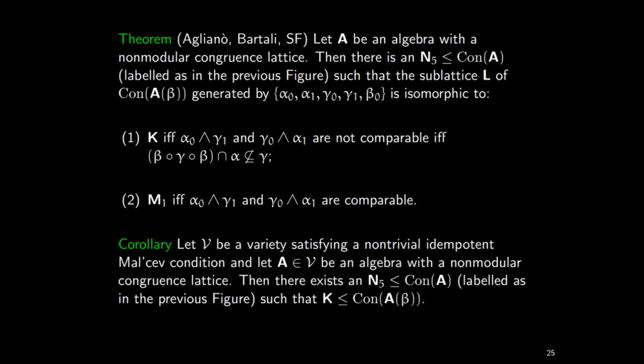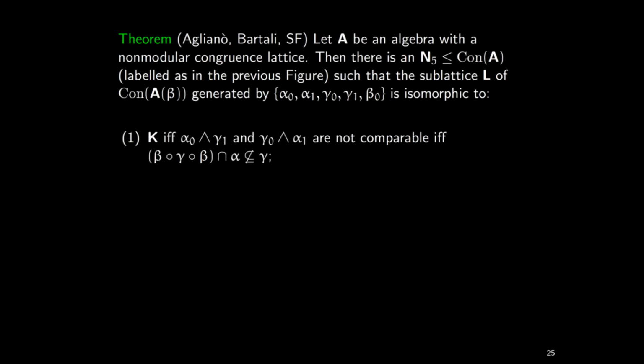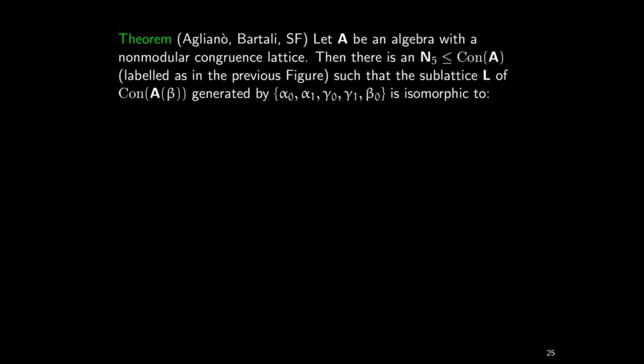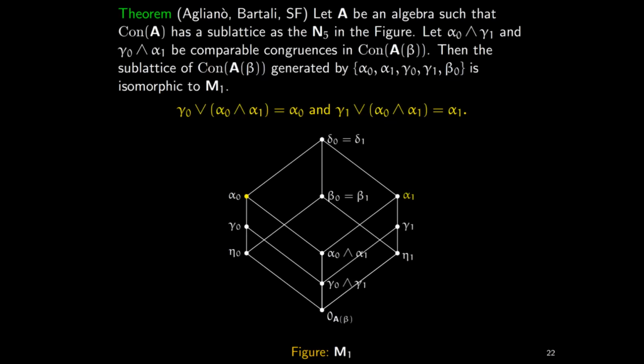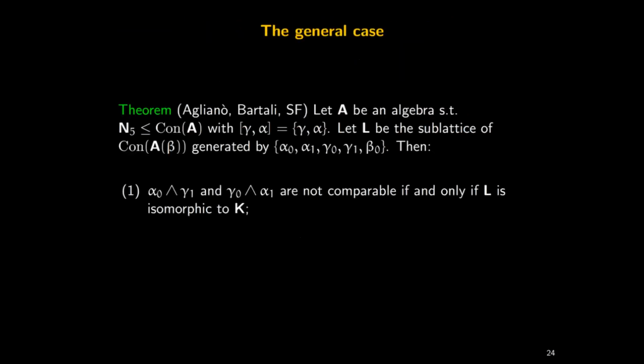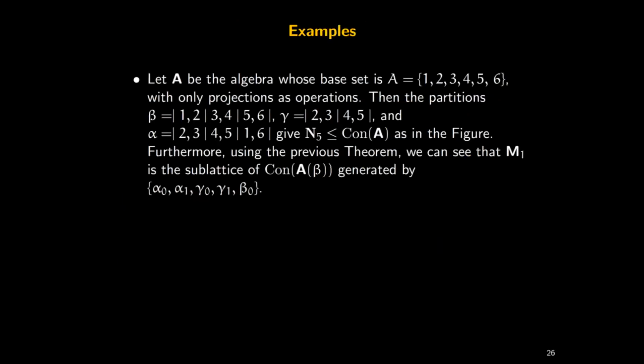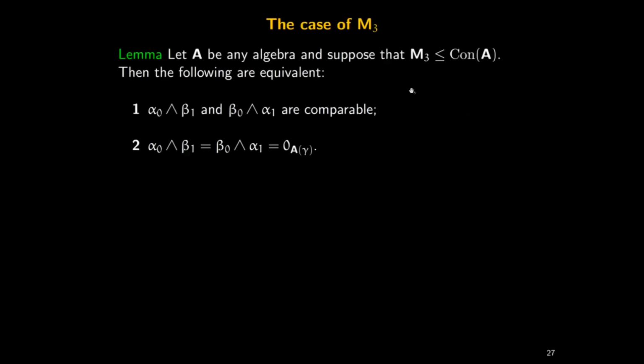This is because M1 is excluded, since satisfying a non-trivial idempotent Maltsev condition implies that we have to exclude D1 as a sublattice of our congruence lattice. And in this case, the filter given by gamma 0 beta gamma 1 is actually a copy of D1.